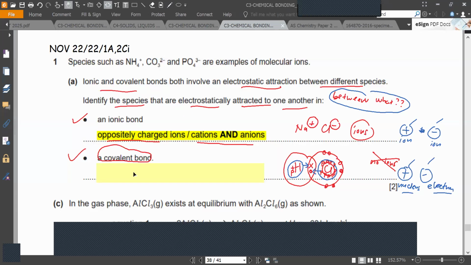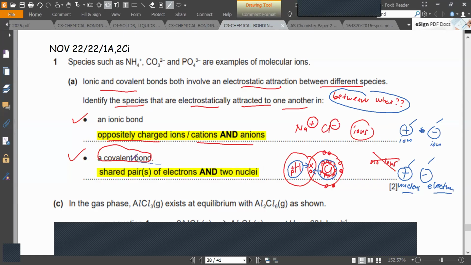Here, it's between the shared pair of electrons and the two nuclei. So it's a positive-negative attraction, but it's not the same thing. We need to be clear about that.